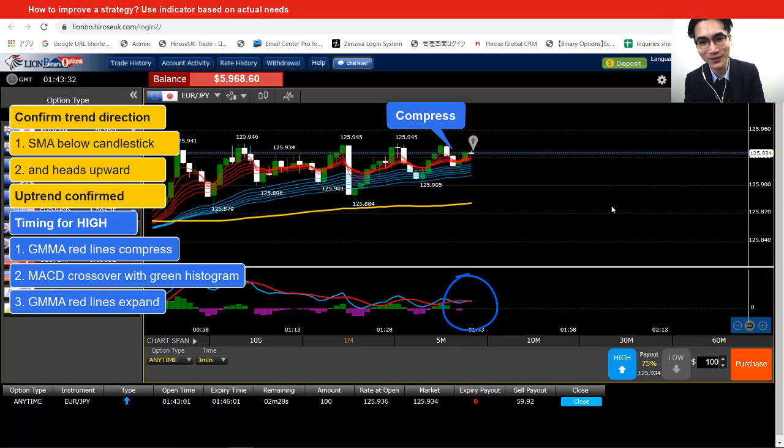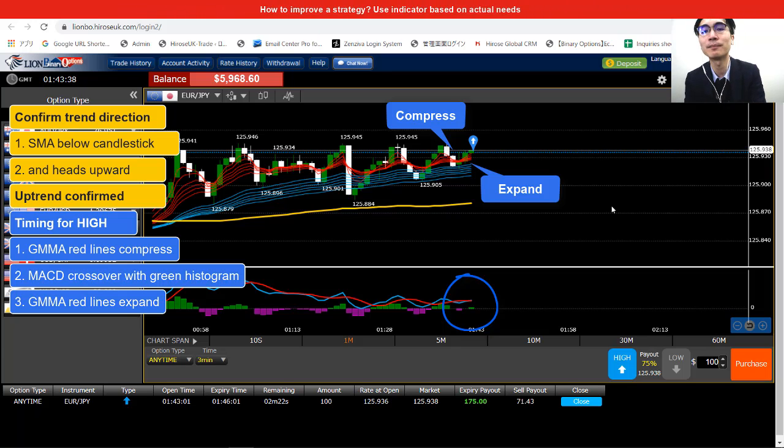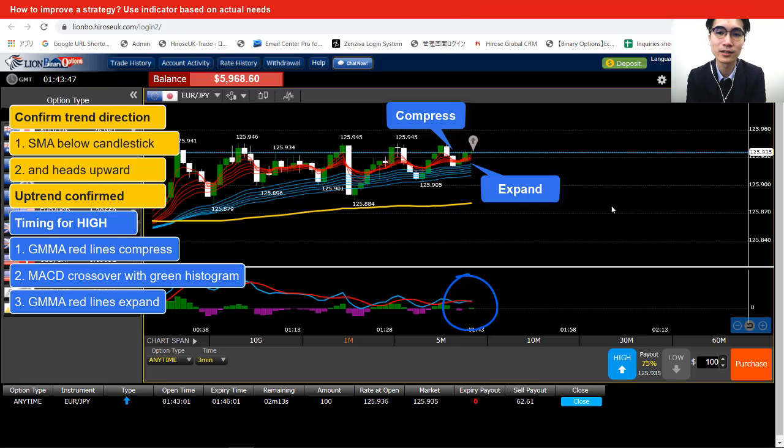When I opened the trade, it crossed over and gave me a green histogram, and then I went back to the GMMA, and the compression started to expand, and that's why I opened the trade there. Now the price is really close to my entry price, and we'll see how it ends.